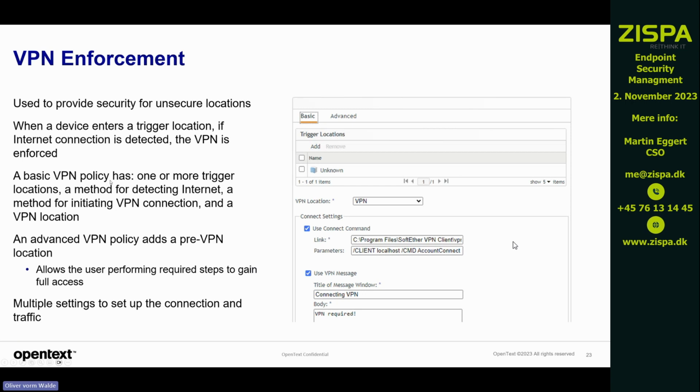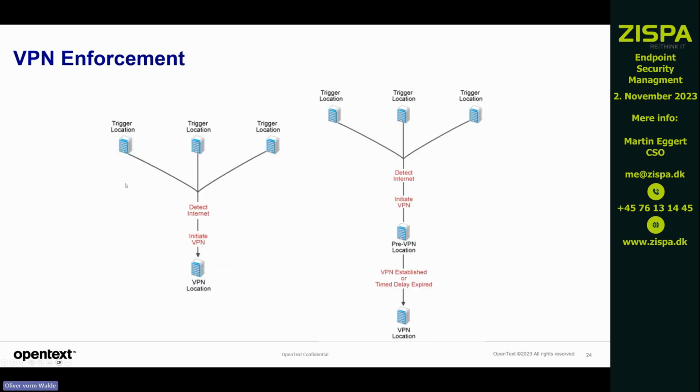And that is also cool stuff because I can create here, with the unknown location as a trigger, a rule that says if you detect an internet connection, then initiate a VPN connect to always have the VPN tunnel active when you want to work on your device.